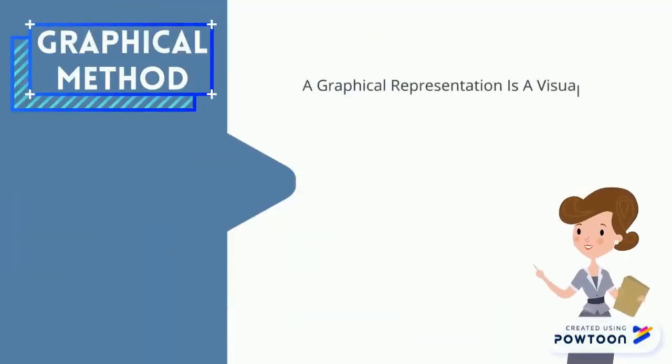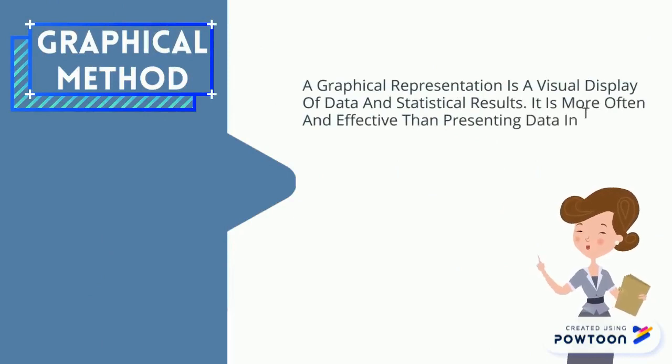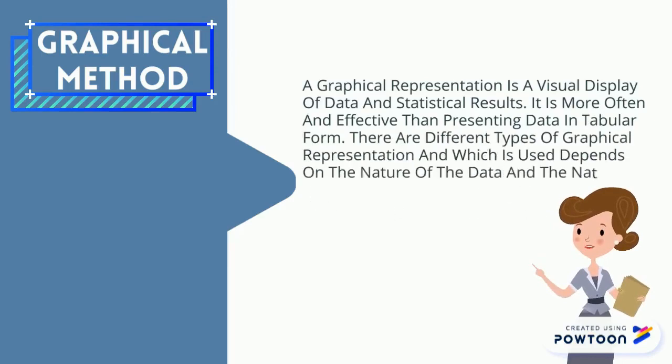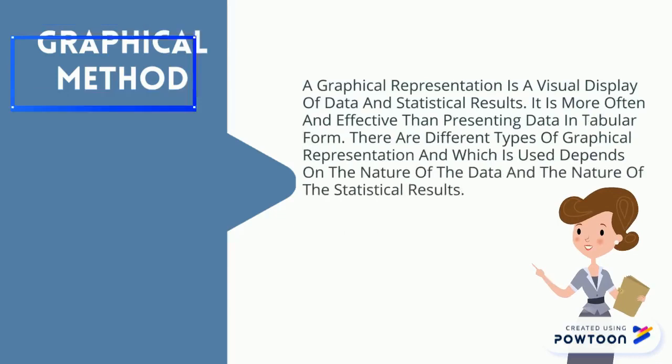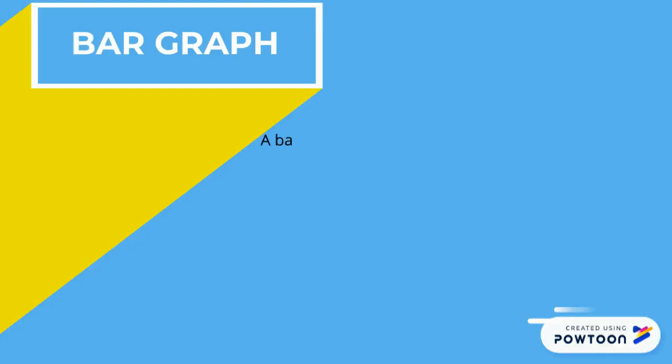Graphical method. A graphical representation is a visual display of data and statistical results. It is more often and effective than presenting data in tabular form. There are different types of graphical representation, and which is used depends on the nature of the data and the nature of the statistical result.